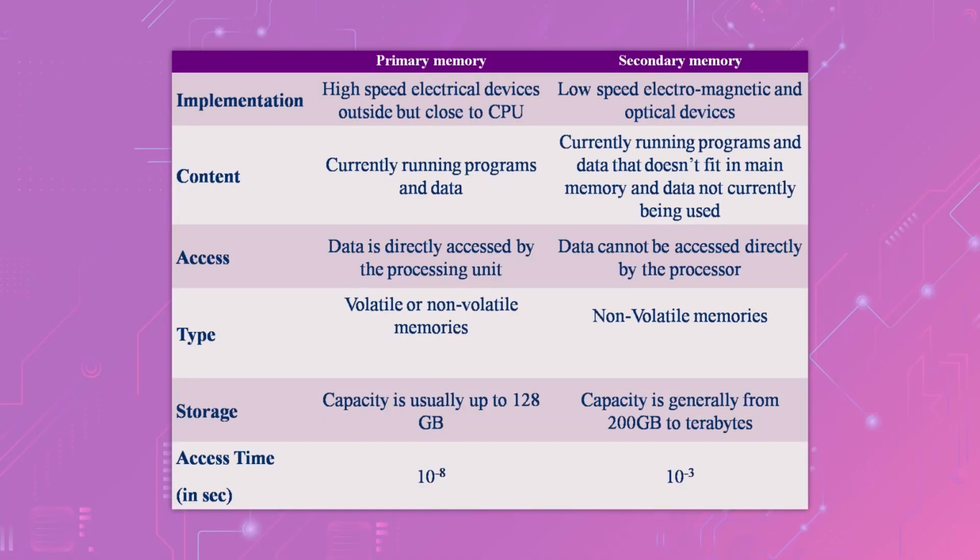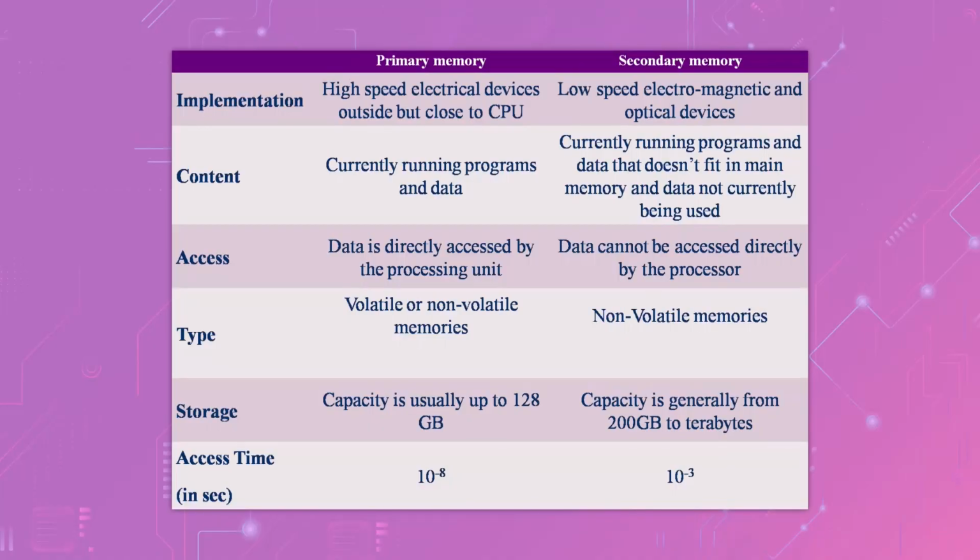In that case, the current running program and data that do not fit in the main memory are stored on the secondary device. Here we have the concept of fetching information from the secondary device to the main memory, and this process will be repeated based on the amount of data required for the processing. There we have the access mechanism, which we call the slow side, for the secondary memory.